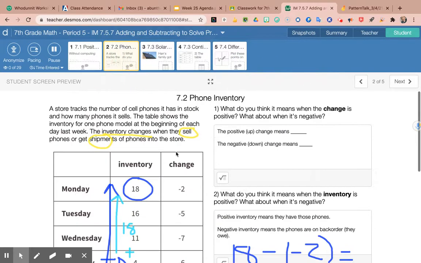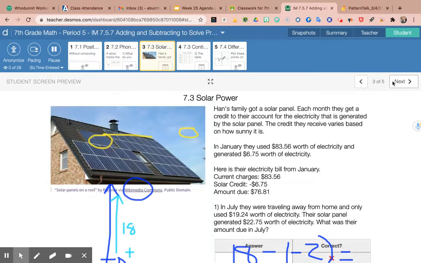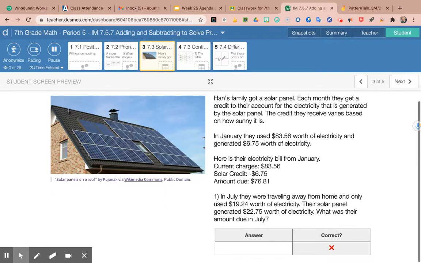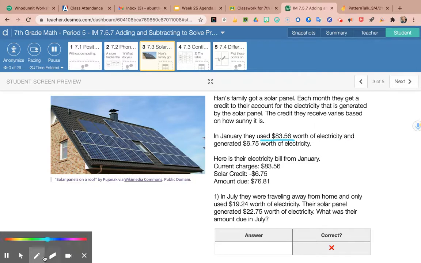All right, on to number 3. Solar power. Han's family got a solar panel. Each month, they get a credit to their account for the electricity that is generated by the solar panel. The credit they receive varies based on how sunny it is. In January, they used $83.56 worth of electricity.